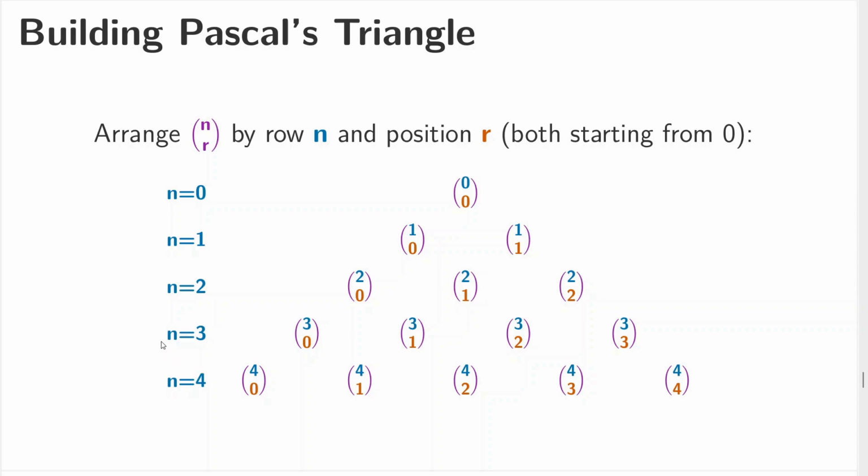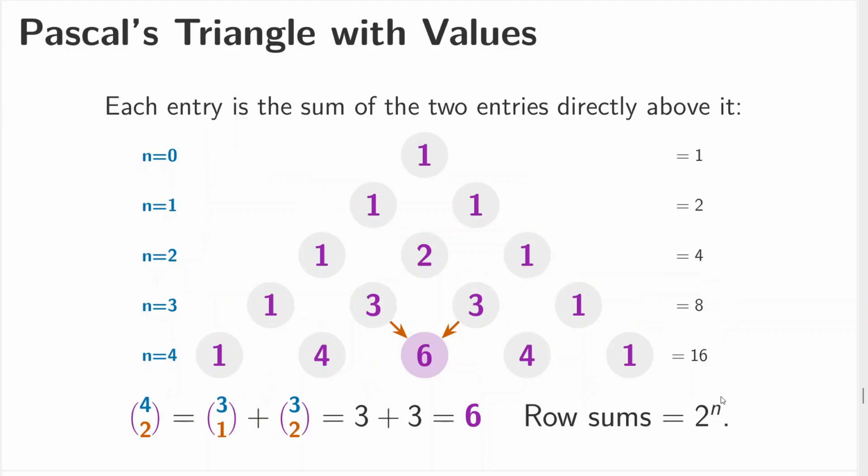In row n equals 3, we find 3 choose 0, 3 choose 1, 3 choose 2, and 3 choose 3. Finally, row n equals 4 contains 4 choose 0, 4 choose 1, 4 choose 2, 4 choose 3, and 4 choose 4. Let us now look at Pascal's triangle with values.